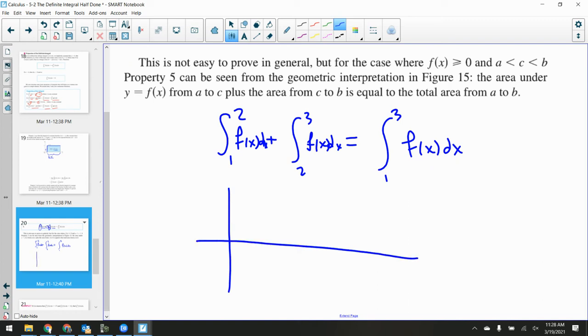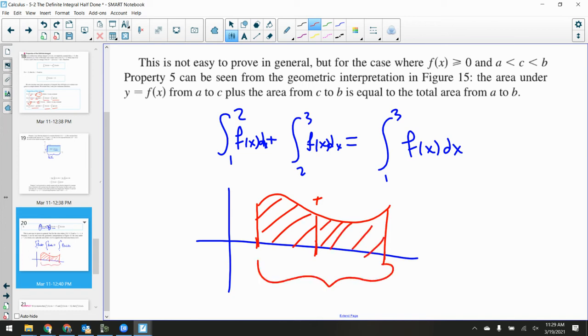If you've got a graph here, here's 1, here's 2, here's 3, obviously the area here plus the area here is going to equal the total area. The area from 1 to 2 plus the area from 2 to 3 is the area from 1 to 3. That just makes sense in our heads.